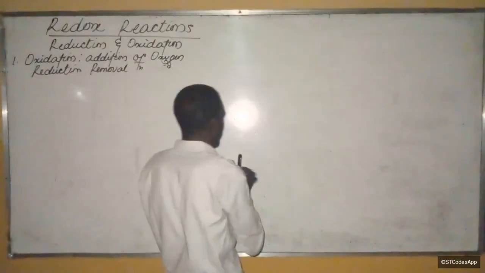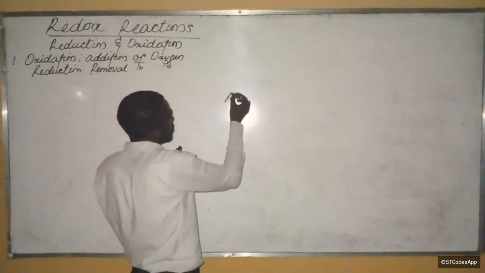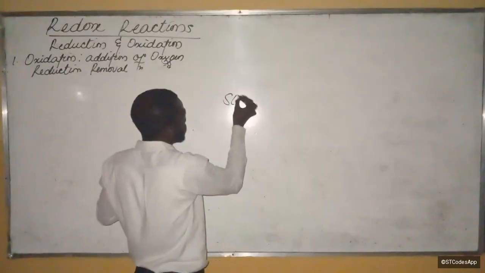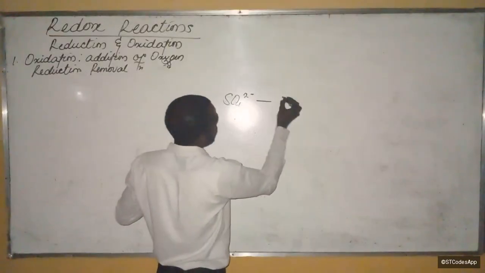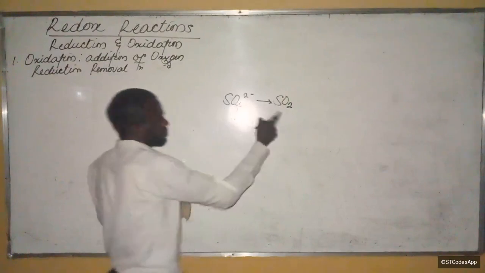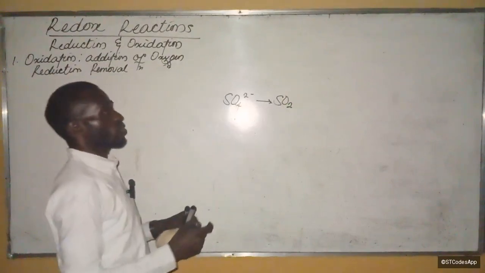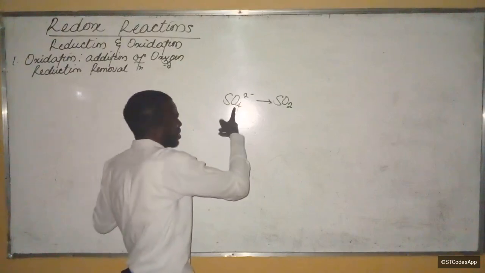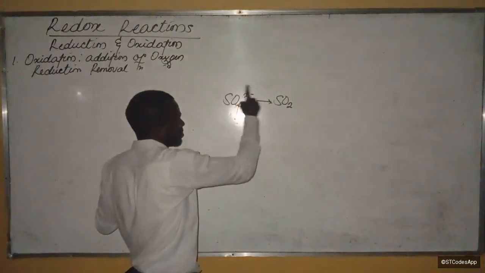Okay, look at this reaction. Let me give you a half reaction like this now. If I have SO4 2 minus to SO2, for example, what kind of reaction is this? Is this oxidation or reduction? Looking at this, you see that oxygen is 4 here. There are 4 oxygens here, not this, this is charge.